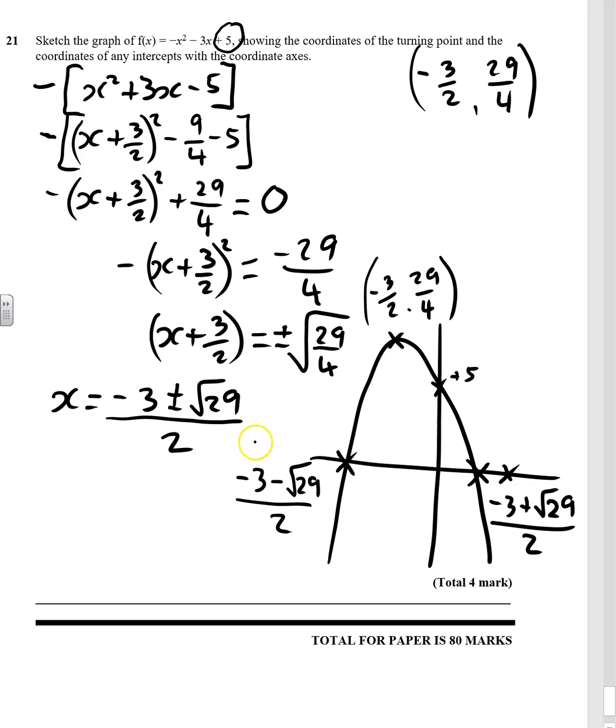Just be warned, on the mark scheme, when your teacher sends out the mark scheme, it's actually coming up as a +3. The mark scheme is wrong. This is the correct answer. Okay, so it's -3 plus square root 29 over 2, and then -3 minus the square root 29 over 2.